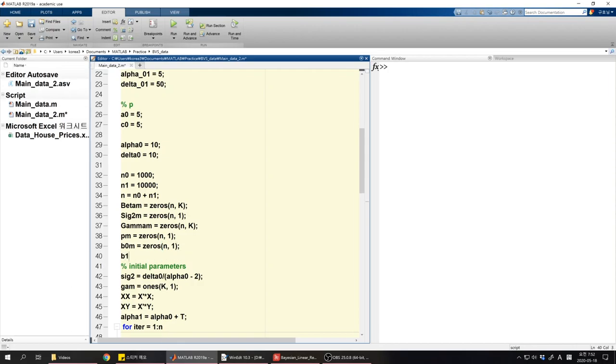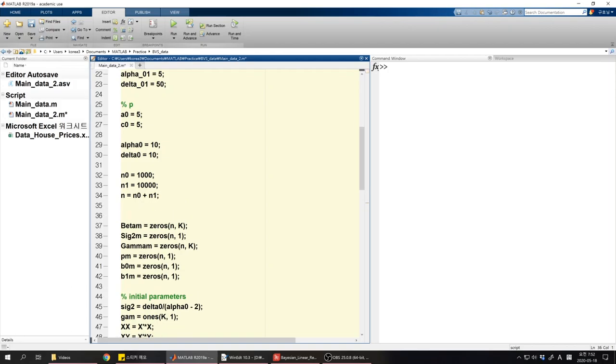And B0m is zeros n, 1, and B1m equals zeros n, 1. So these are storages.